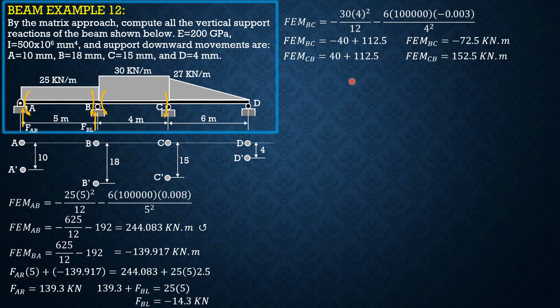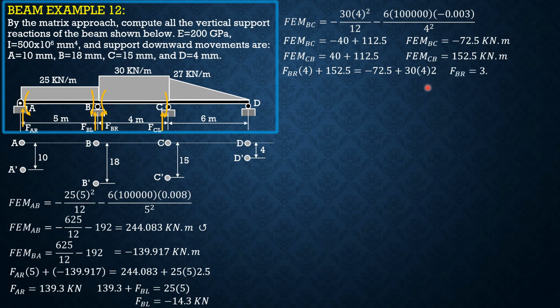Then solve for FB right and FC left. Considering BC, summation of moments about C equals 0: FB right times 4 plus 152.5 equals negative 72.5 plus the moment of the load, 30 times 4 times 2.